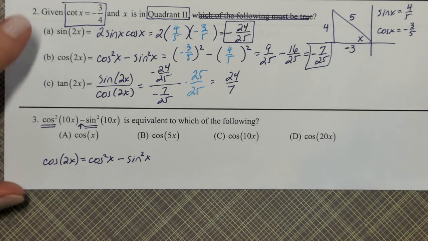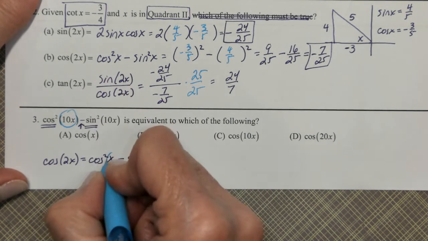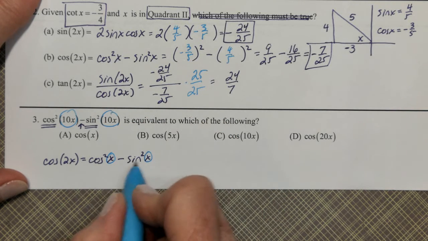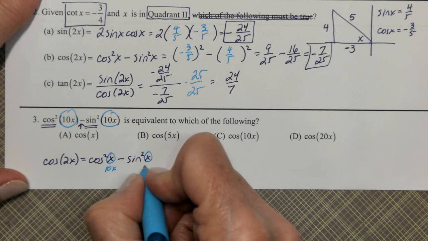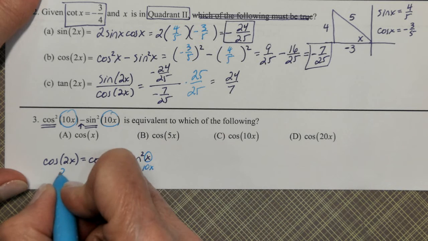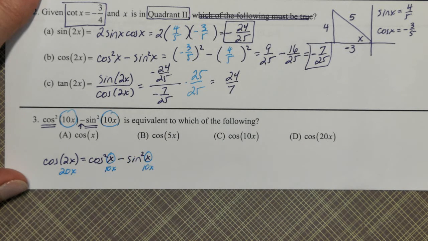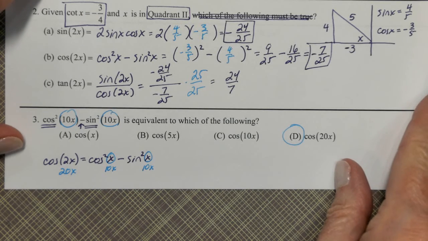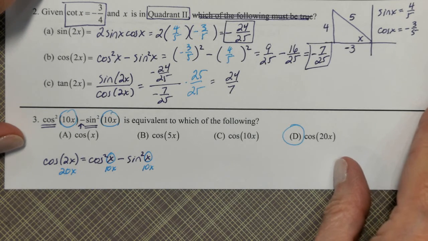Well, what if this is a 10x instead of a plain x? If this is a 10x, then this will have to be 20x. So this is cosine of 20x. Using the double angle formulas in a little bit of a different way.